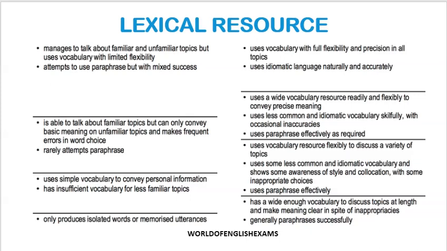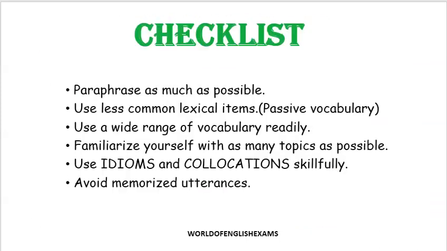Even band 4 is able to talk about familiar topics but only conveys basic meaning about unfamiliar topics. Band 5 manages to talk about unfamiliar topics. The more you are prepared with the topics, the better it is. Then use idioms and collocations skillfully. We have clearly seen that this is going to give us band 8 or band 9. And finally, avoid memorized utterances. So this is about lexical resource.